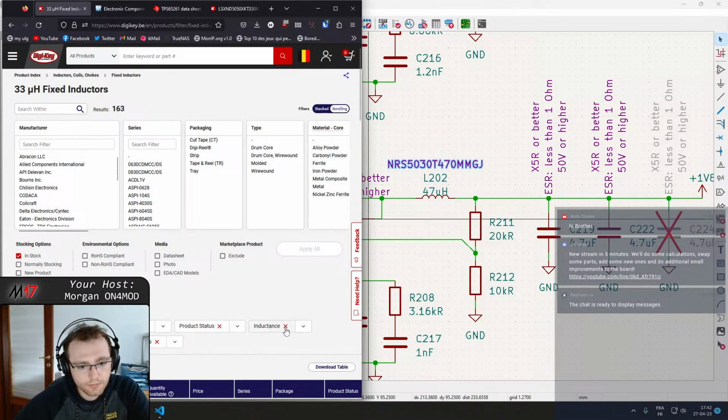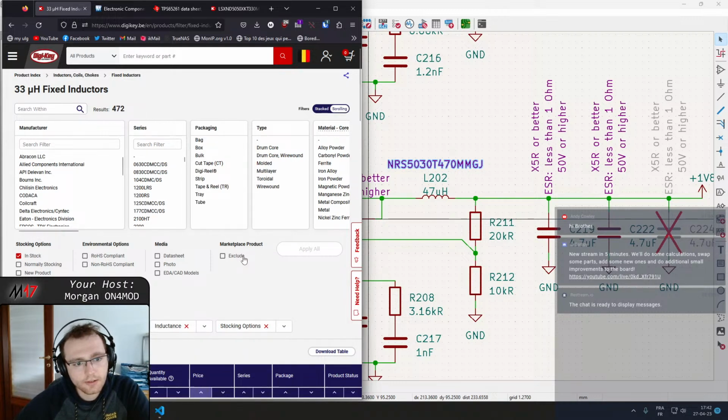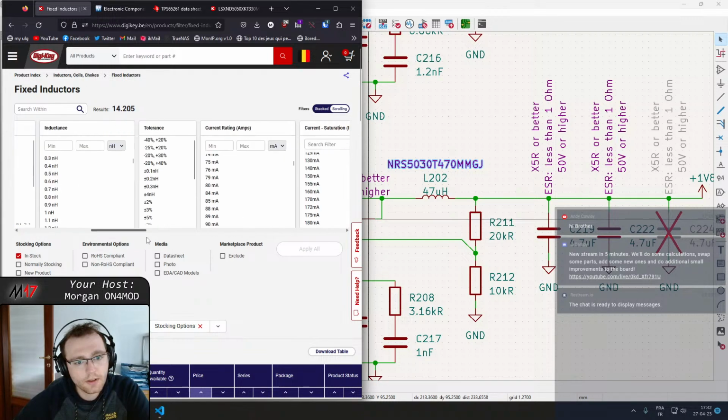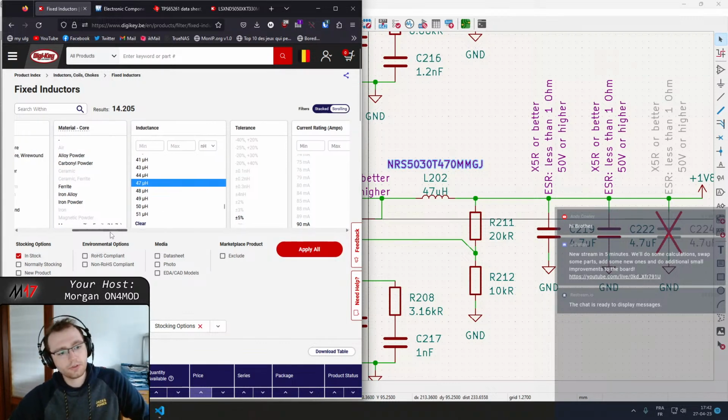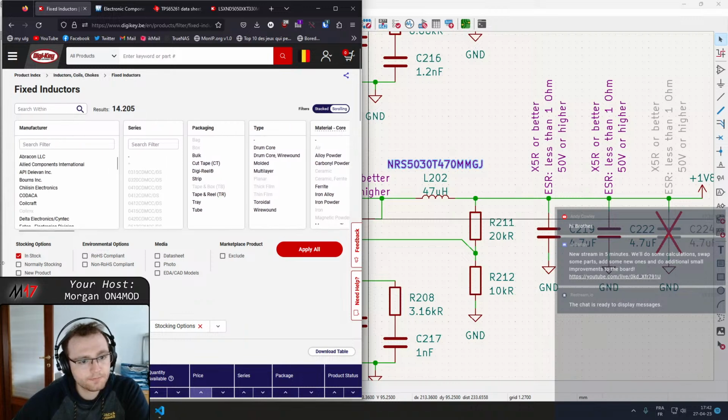So I'm gonna remove current rating, current saturation, and inductance. And for inductance, I'm gonna pick now 47 right here, which is also a standard value, so we are gonna have plenty of choice.